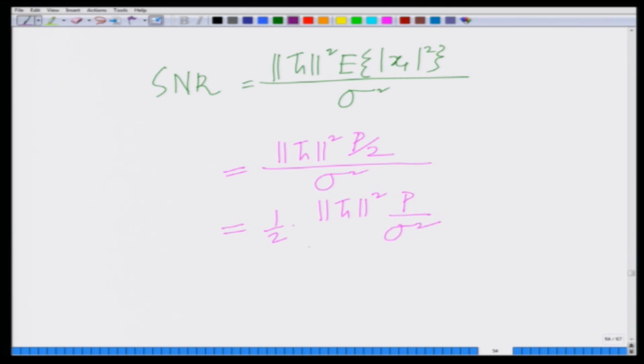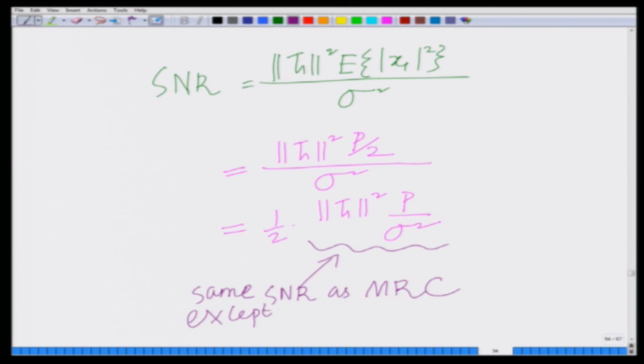This is the same SNR as maximal ratio combining, MRC, except for a factor of half. So we get half the SNR that we get with maximal ratio combining.